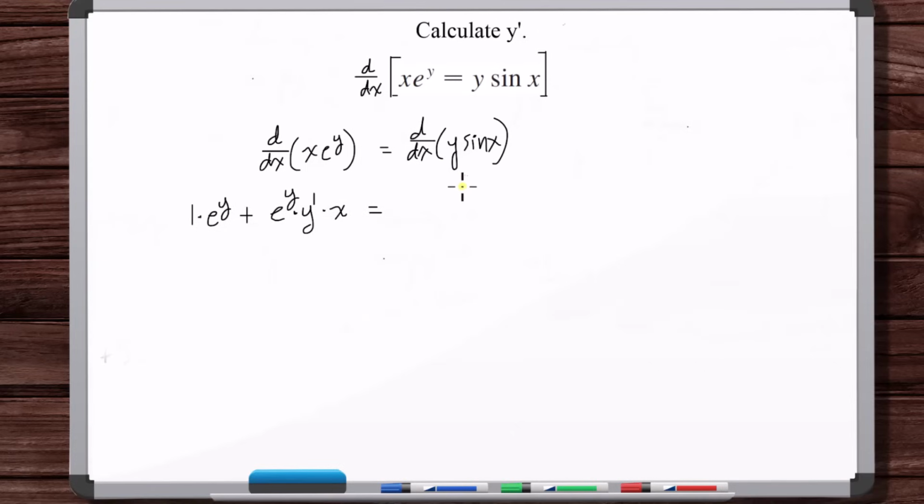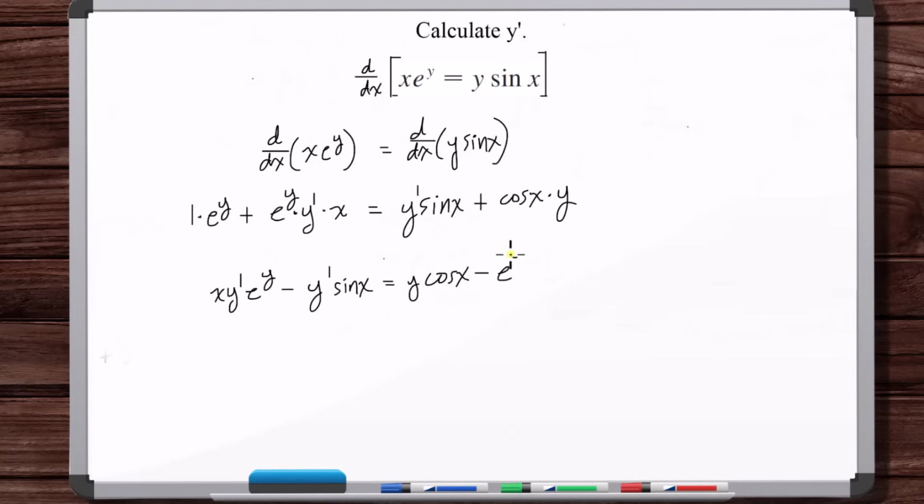Okay, product rule again. Derivative of the first times the second plus derivative of the second times the first. Okay, now let's solve for y prime. So we've got x y prime e to the y minus y prime sine of x is equal to y cosine of x minus e to the y.